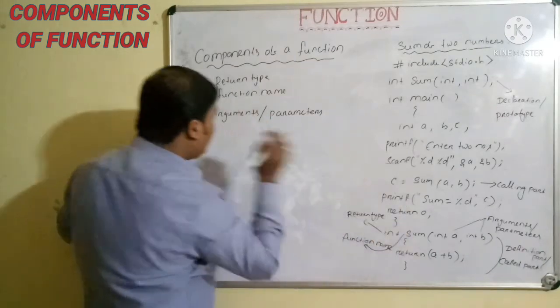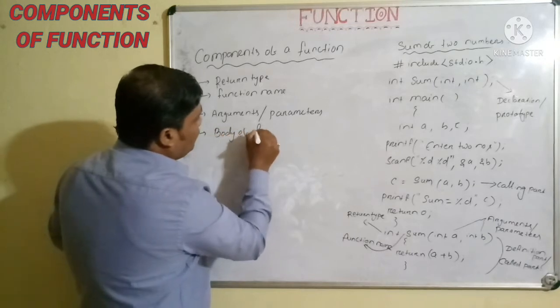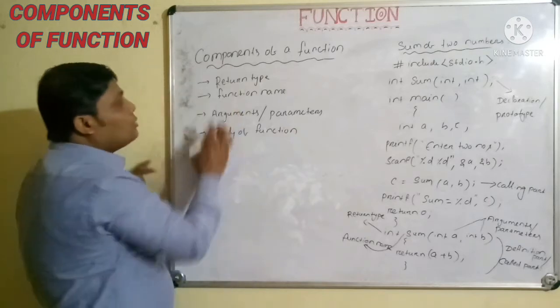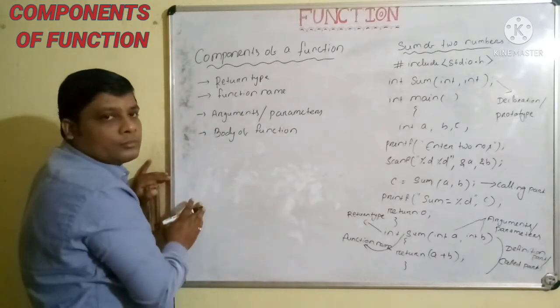Fourth one is the body of the function. So these are the components of a function. Clear?